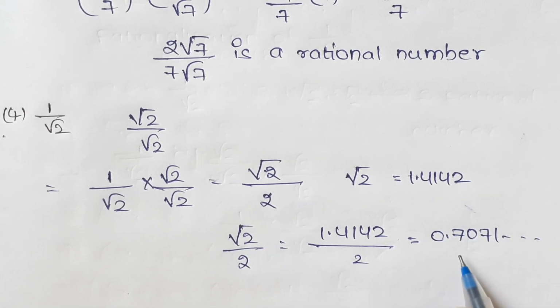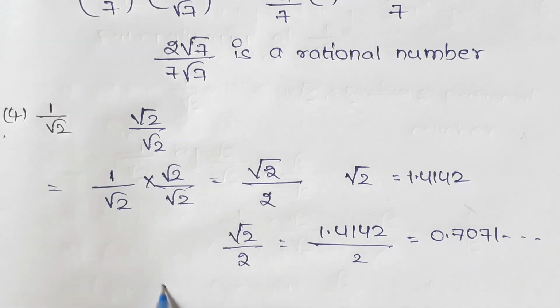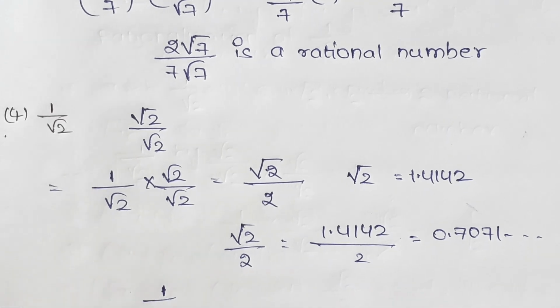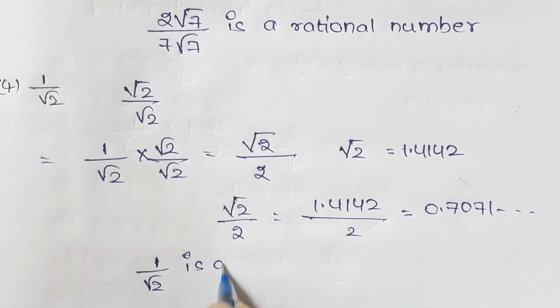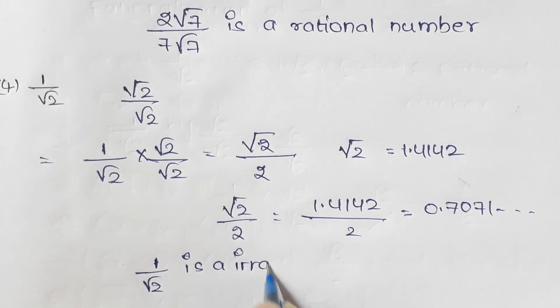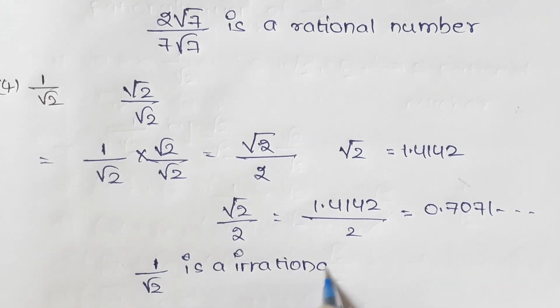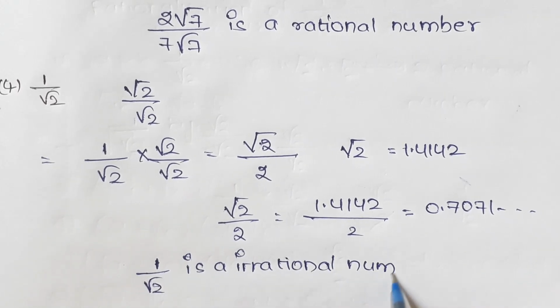Since this given 0.7071 is non-terminating and non-recurring, the given number, that is 1 by root 2, is an irrational number. And this is about the fourth one. Now let us see another one.